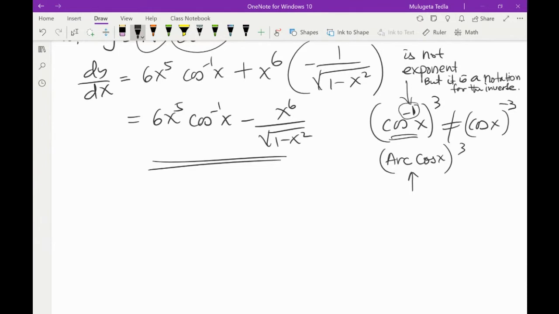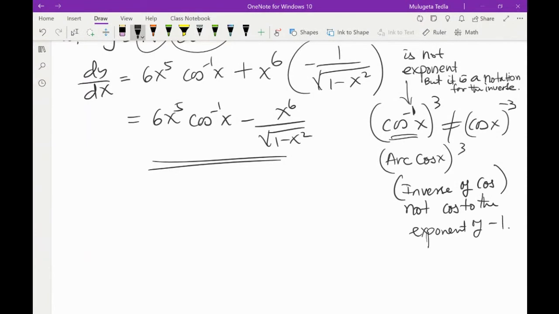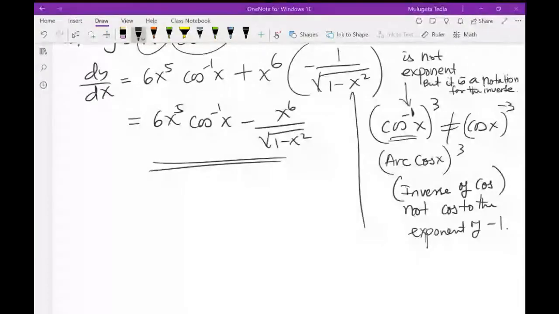It's not negative 1. It is the inverse of cos, not cos to the exponent of negative 1. Okay, please, we have to understand that.